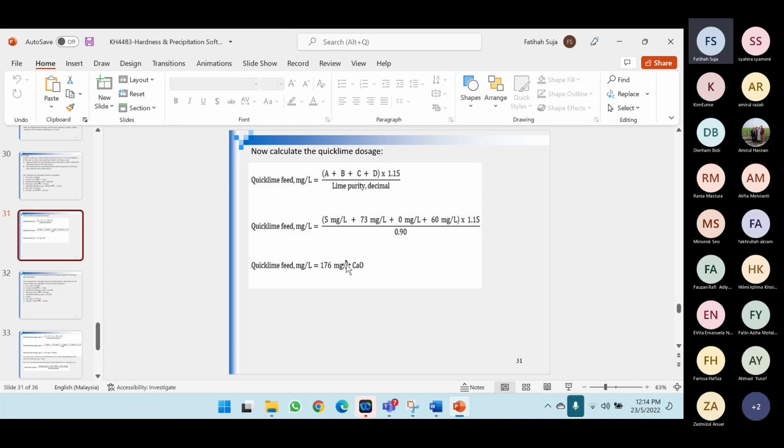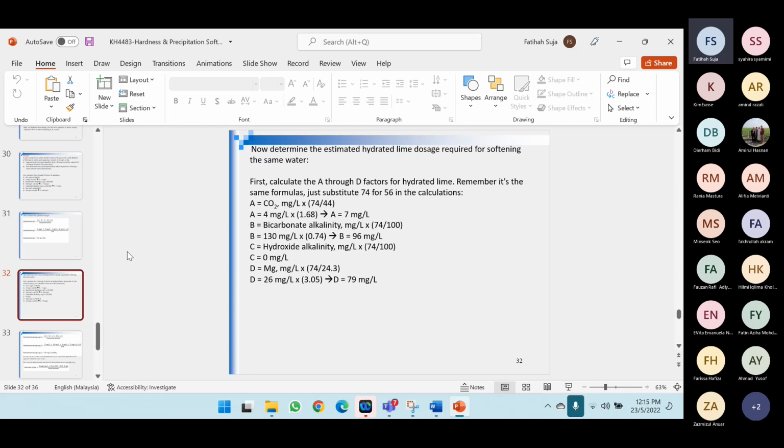But when you design your water treatment plant and you want to use this precipitation system of removing your water hardness, then you need to determine how much amount of quicklime or hydrated lime that you want to use for your water softeners.